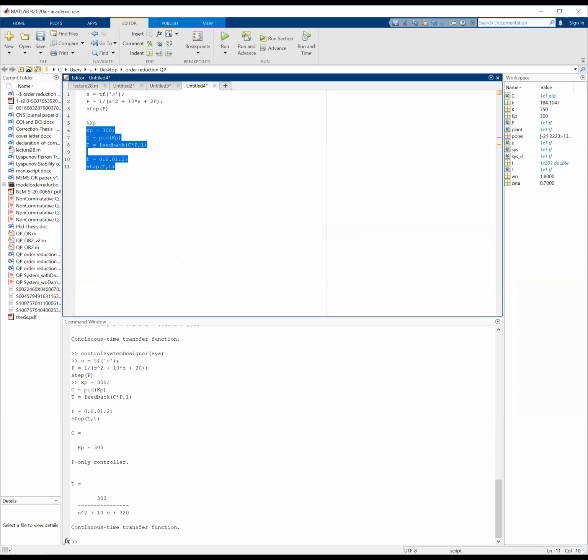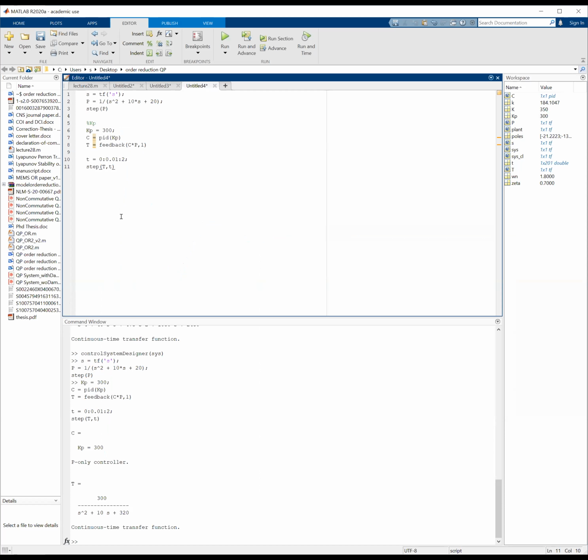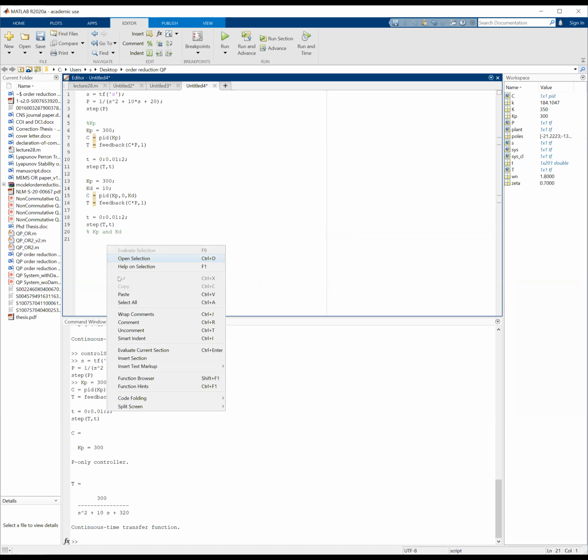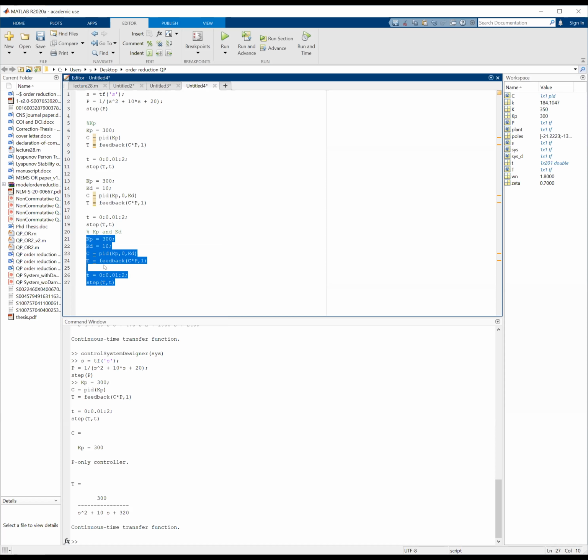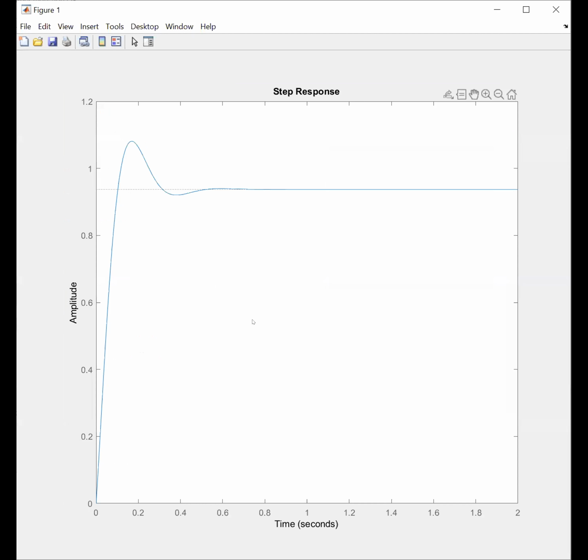Now what I'm going to do is add the D control. So KP, KD. And now you can highlight this, evaluate, and then if you see the plot, this plot is significantly different than the previous plot.